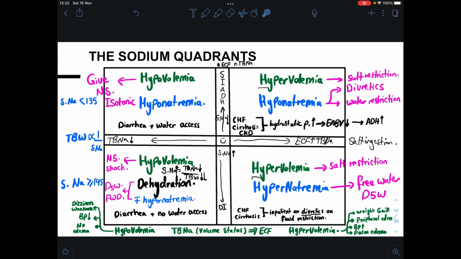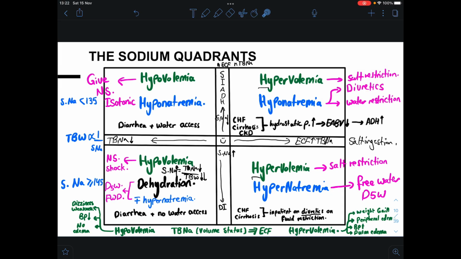For example, a patient who has diarrhea keeps losing salt and water, and because of the continuous loss of salt and water without any water access, for example a patient with dementia or an impaired thirst mechanism, he keeps losing salts, keeps losing free water, and doesn't replace the fluids. If the total body water that is lost is more than the total body sodium lost, then serum sodium levels will increase.